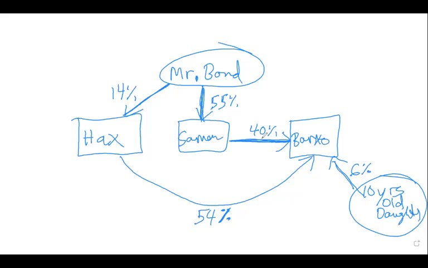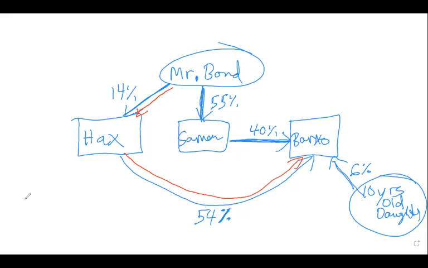So we know that there's a few things going on here in relation to Barkso. If we follow this path, Mr. Bond owns 14% of Hacks, or controls the votes of 14%, but Hacks owns Barkso.